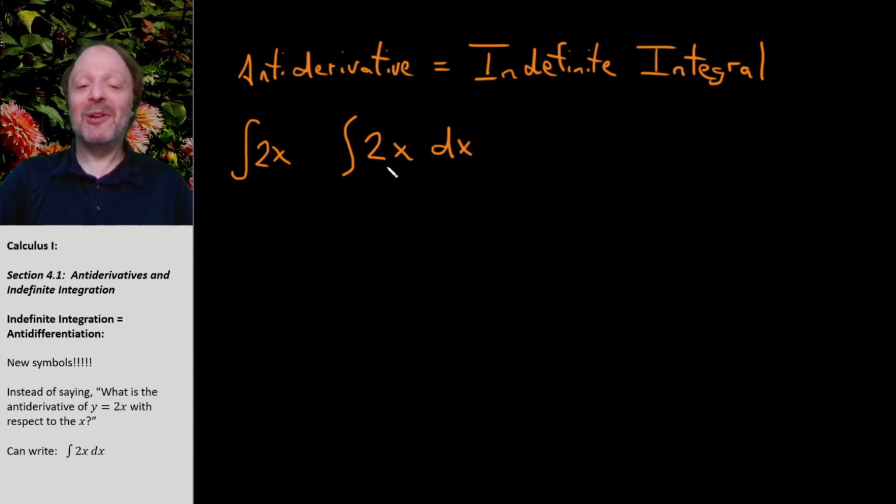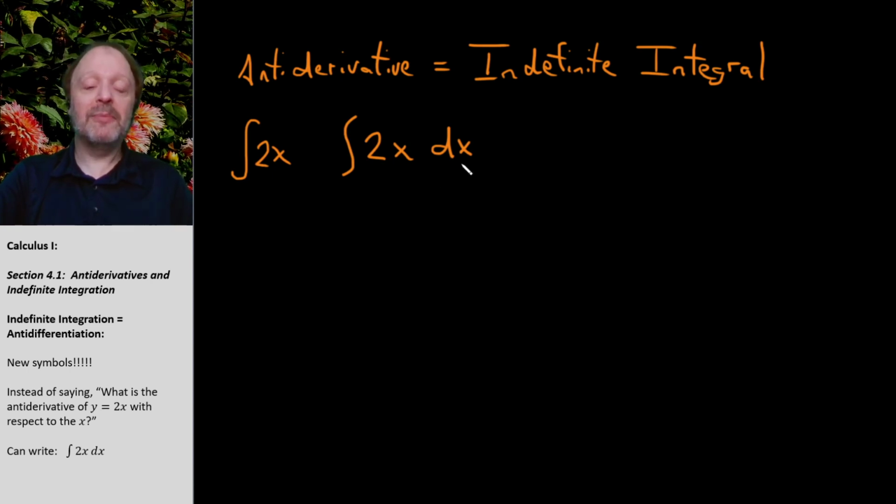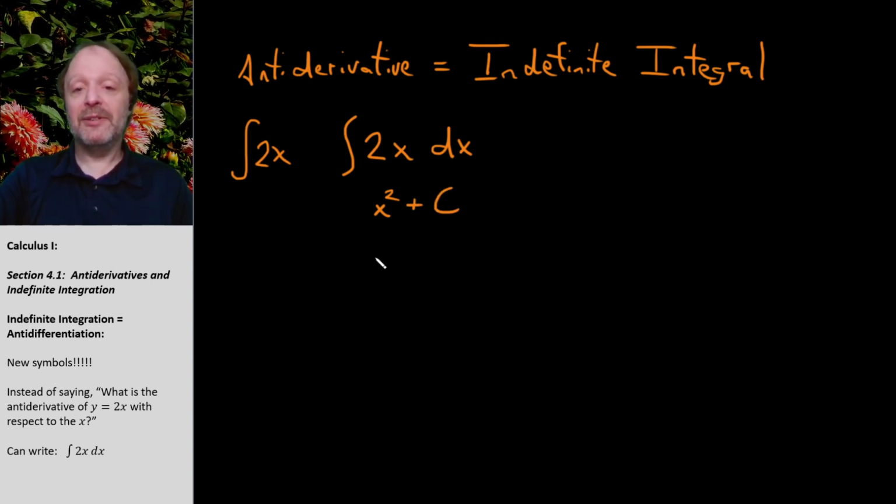So what does this mean? Well, this is saying find the antiderivative of 2x with respect to x. We're not going to have to worry about that for a while, but for right now, it's just saying that we want to find this antiderivative. And we know that the antiderivative for 2x is, what do I differentiate to get 2x? Well, I differentiate x squared. But I have to remember to add that c, that constant to it.